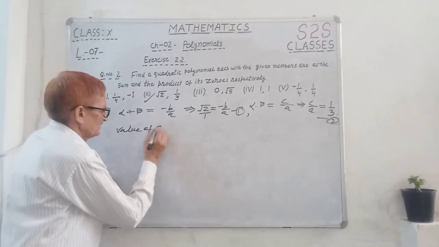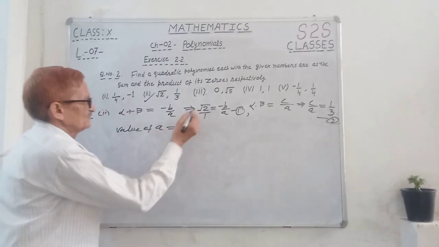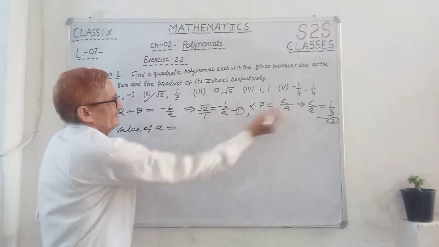So for the value of A, same method, LCM of both denominators, 1 and 3.